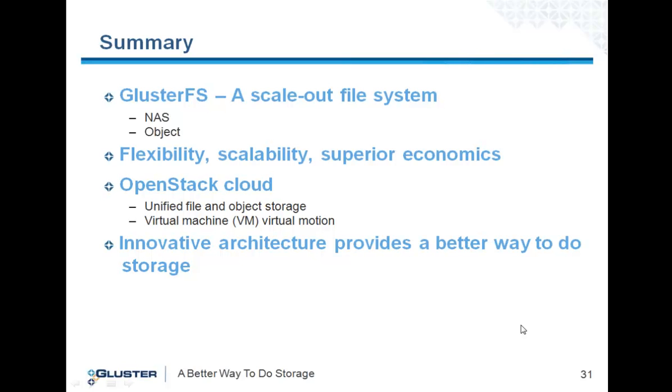We have high quantities of nodes that are running quite well. So we have no real practical limitations since there is no metadata server, and we're using hashtags. There's really no practical limitation to the number of nodes or capacity.